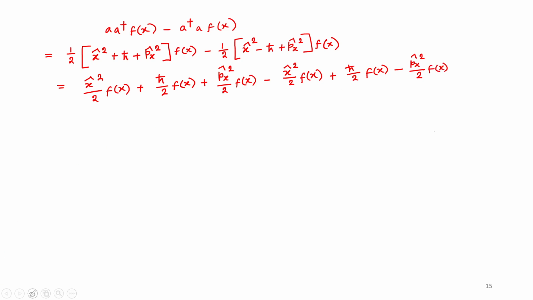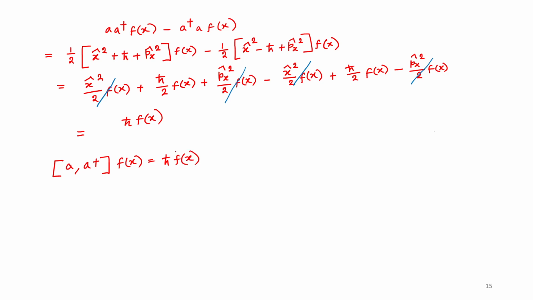As you can see, if I choose a different color, this and this is gone, this and this is gone. So we are left with h cut by 2 f of x plus h cut by 2 f of x, which is h cut f of x. So if I write it in this form, a dagger f of x is left with h cut f of x.